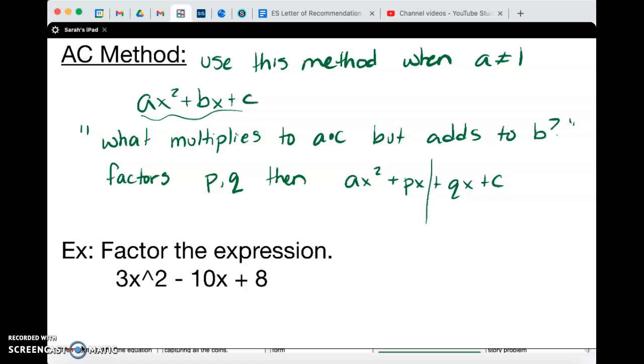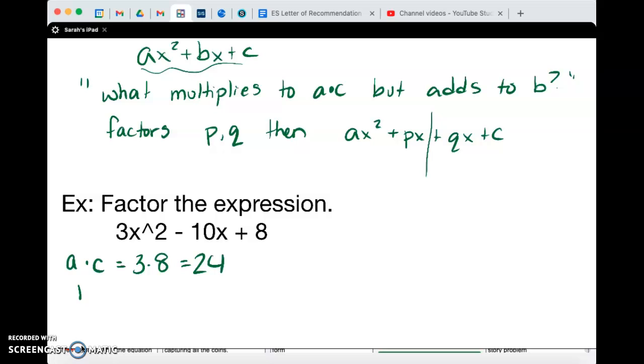I need to figure out first what is A times C. A value is 3, C value is 8, so A times C is 24.